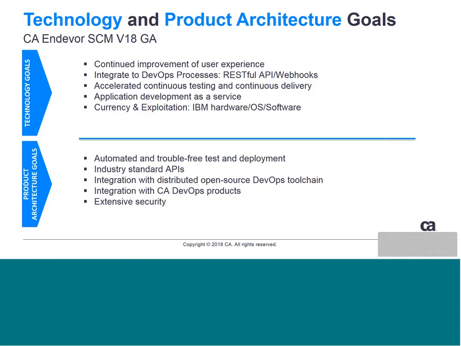In addition, as different organizations start to adopt DevOps processes in their distributed, cloud, and mobile development shops, they're starting to ask, how do we incorporate the mainframe as part of that? So one of the things we've aimed to do with 18 and beyond is to look at how we can integrate or facilitate integration of the mainframe into DevOps.